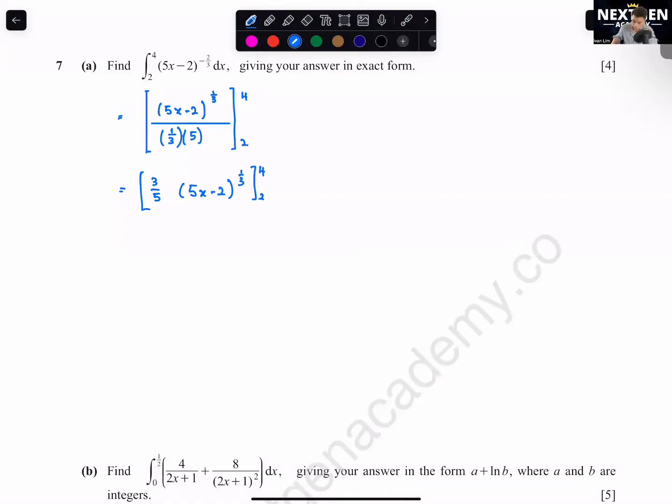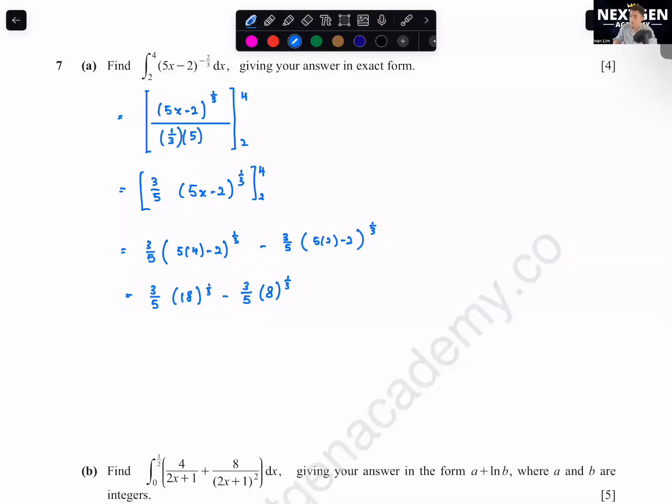Sub in the 4 and 2. So 3 over 5, 5 times 4 minus 2, power 1 over 3, minus 3 over 5, 5 times 2 minus 2, power 1 over 3. You simplify the bracket values inside. This will be 18 power 1 over 3, minus 3 over 5, 5 times 2 minus 2, this will be 8, power 1 over 3.